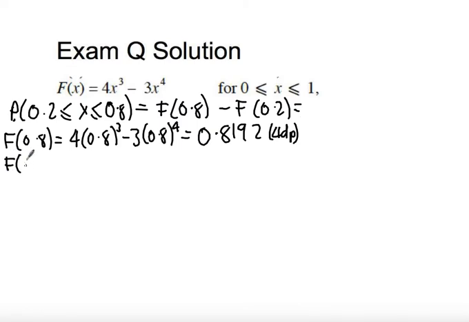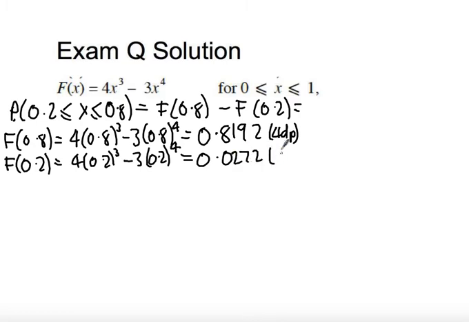If I do the same for F of 0.2, I get 4 lots of 0.2 cubed minus 3 lots of 0.2 to the power of 4. Type this into a calculator carefully and evaluate it, so I get 0.0272, and again this is for 4 decimal places.